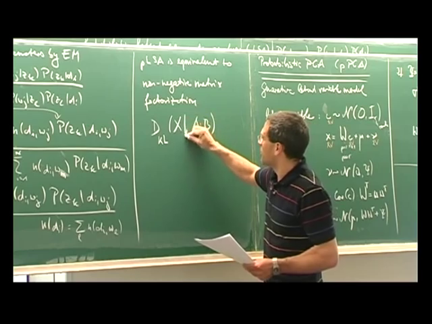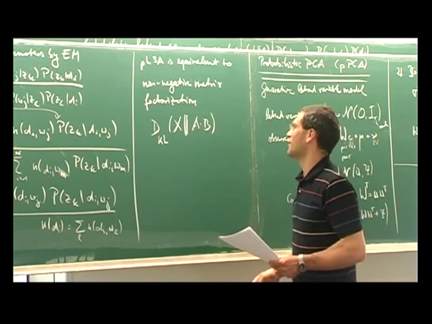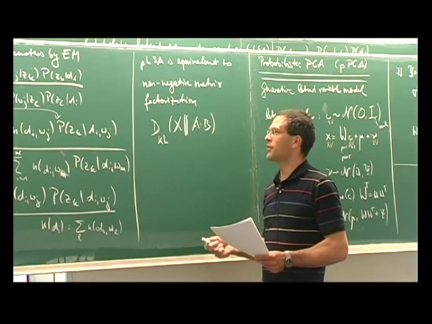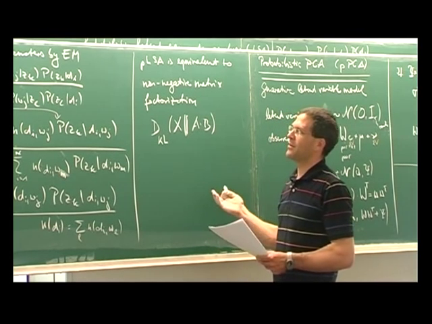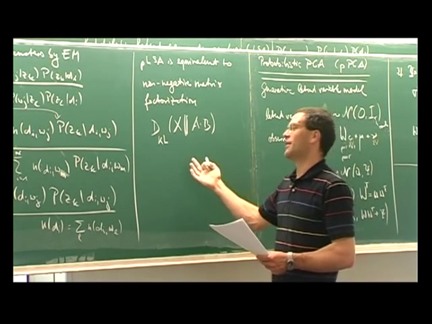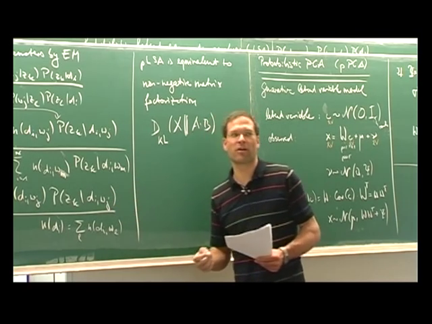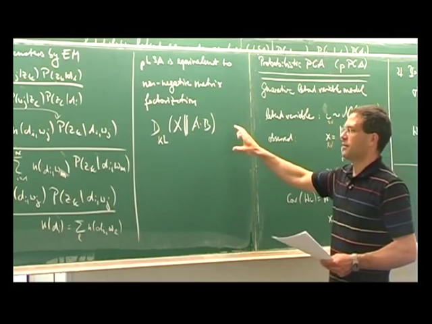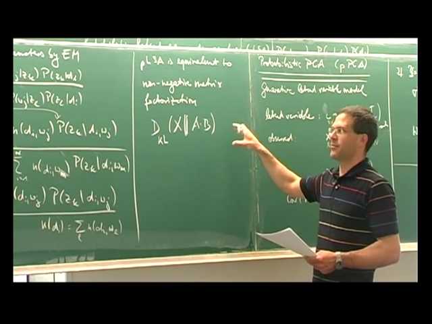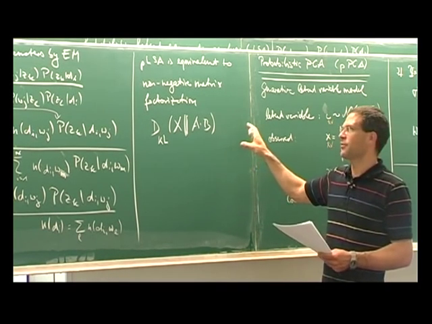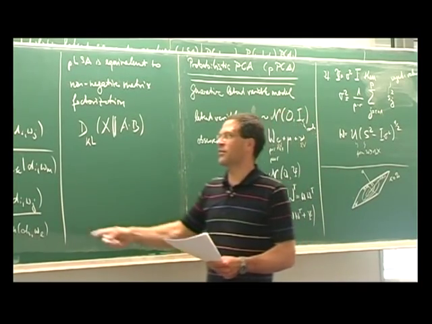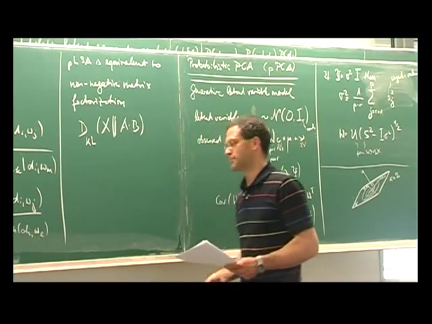And if you use as dissimilarity measure this Kullback-Leibler distance and optimize for this, then it turns out that this is the same model as using PLSA. However, in their paper, a different parameter estimation strategy was used. They used multiplicative updates instead of this EM formulation.